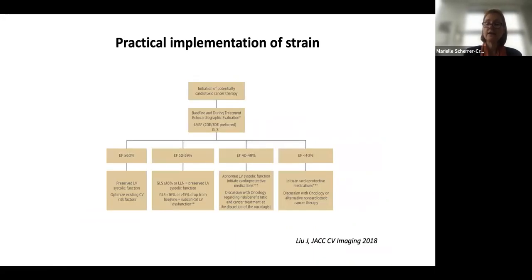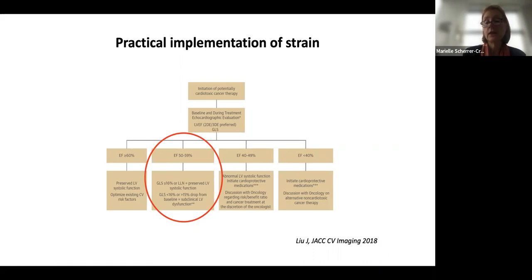So from the ACC Cardio-Oncology Council, Jennifer Liu and a few others, we published a practical implementation of strain. And one thing that's interesting is in those patients with an EF between 50 and 59: if the EF is lower, we'll probably give some cardioprotective medications, and if the EF is higher, there's really no need to worry. So what do you do with those patients?